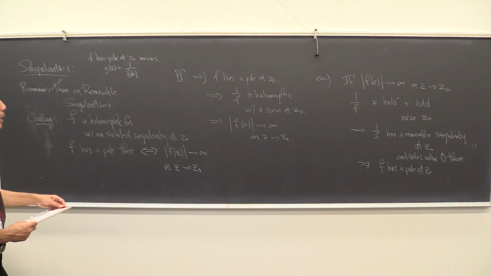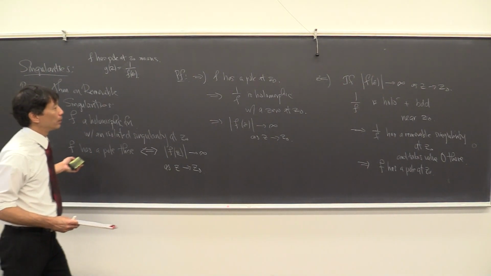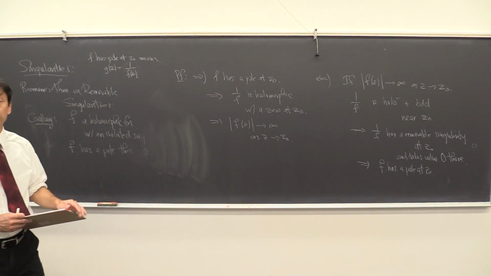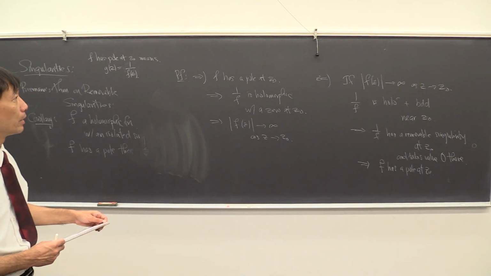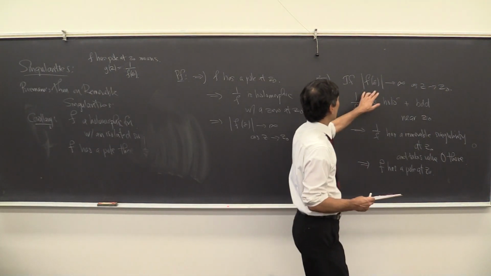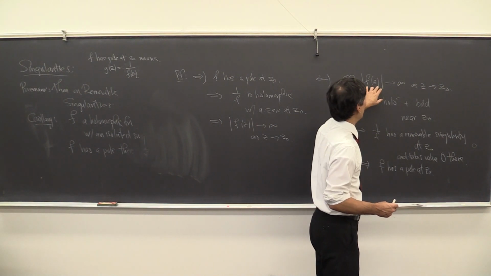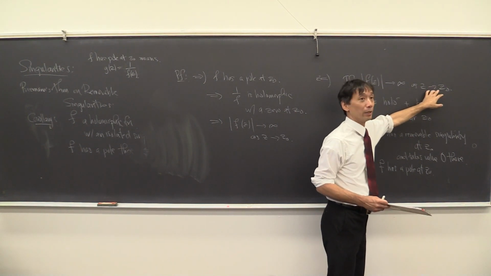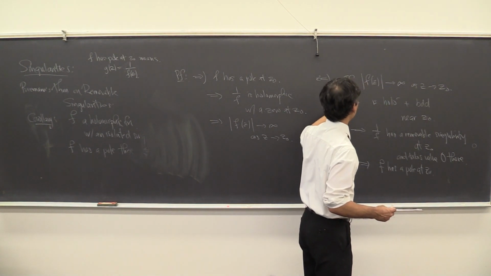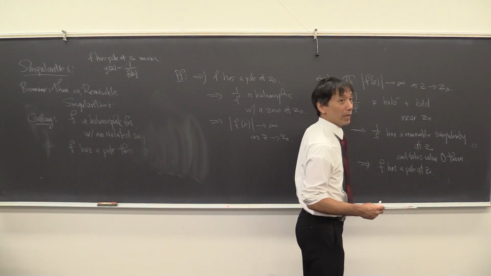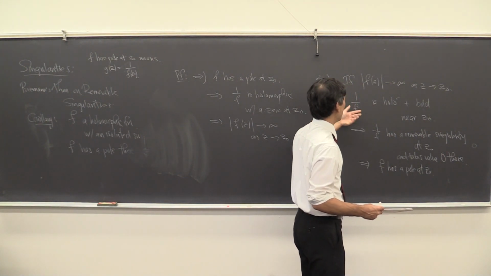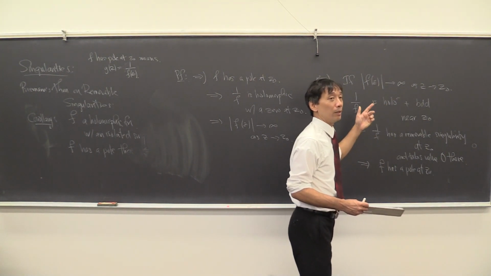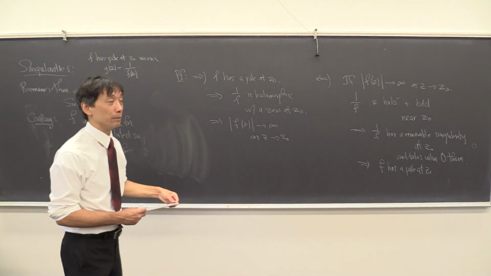Another question: how do we know that 1 over f is holomorphic from that? Well, f is holomorphic, and you know that it stays away from 0 as you go towards z naught, so 1 over f is well defined. The only thing you're worrying about is if the denominator gets to 0, but f is going to infinity, so it can't be 0.